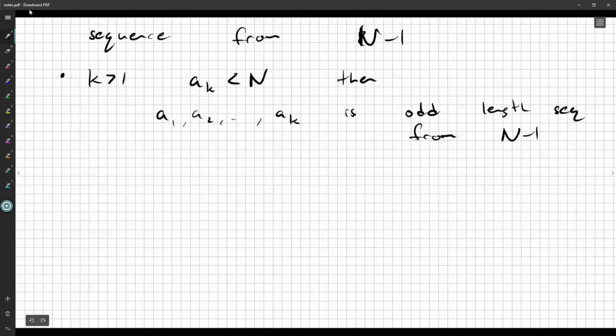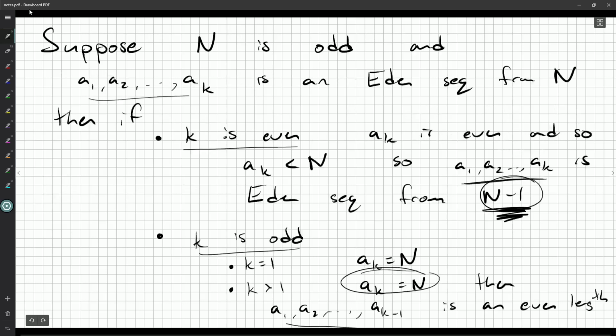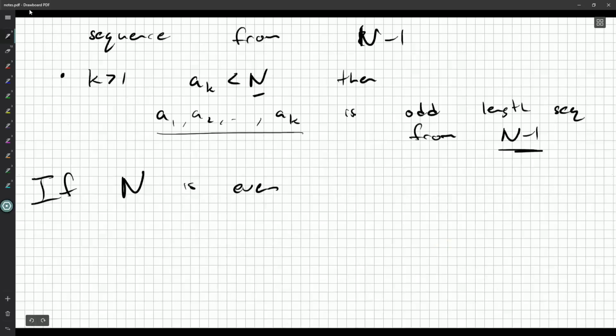Or it could be an odd length sequence that doesn't end with n, in which case it's an odd length sequence from n minus 1. Now, if n is even, we should get almost the exact same thing, but we shouldn't get this case here. It should be everything else, maybe flipping evens and odds. But I feel like we're zooming in on a recurrence.